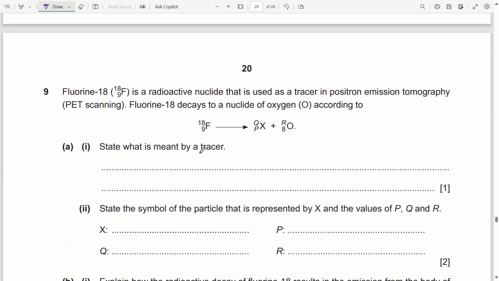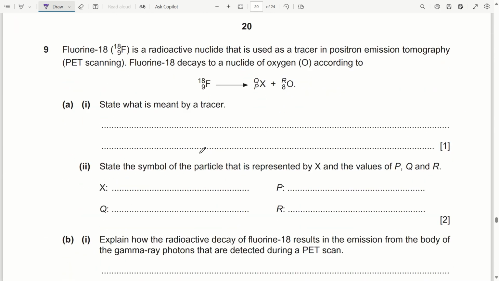Let's move on to the next question, question number 9. Fluorine-18 is a radioactive nuclide that is used as a tracer in positron emission tomography. Fluorine-18 decays to a nuclide of oxygen according to the equation given. State what is meant by a tracer.